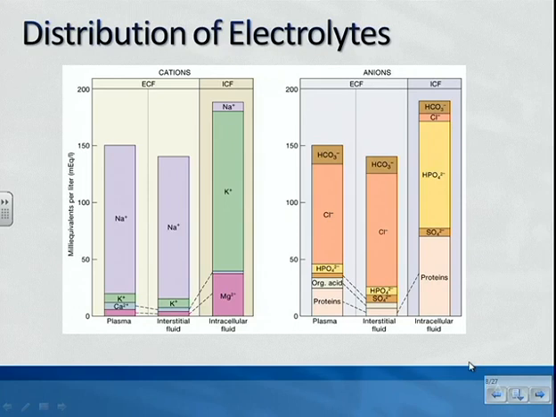Who remembers the mnemonic? Keep your sod, sodium, outside to grow your clover, because chloride is heavily concentrated outside.